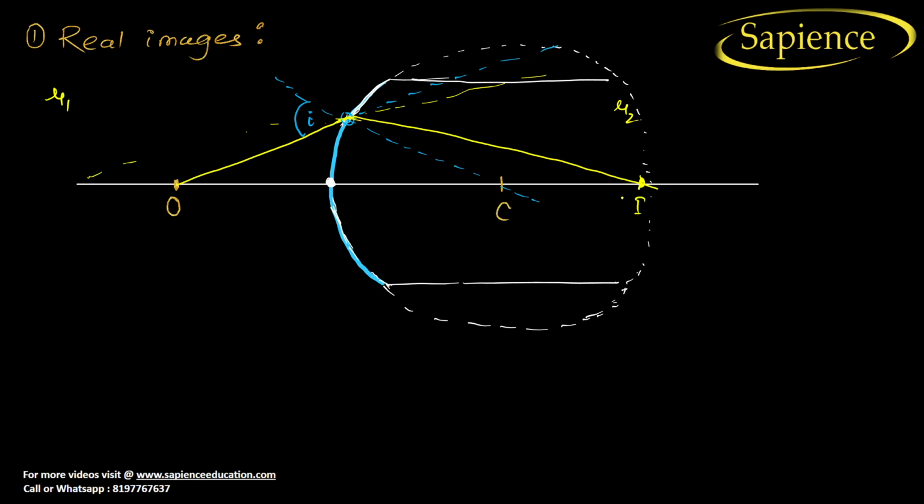So this is I. Now let us set the nomenclature. This is R, the radius of curvature.